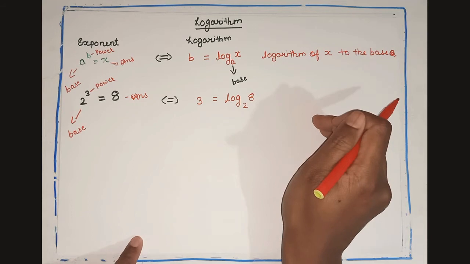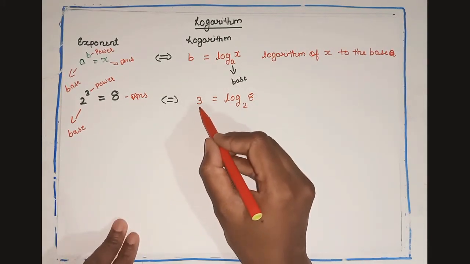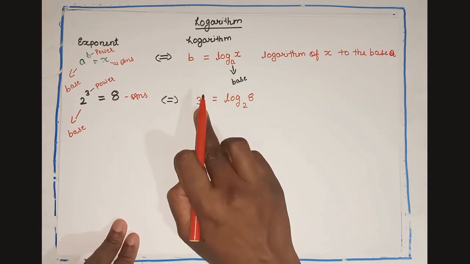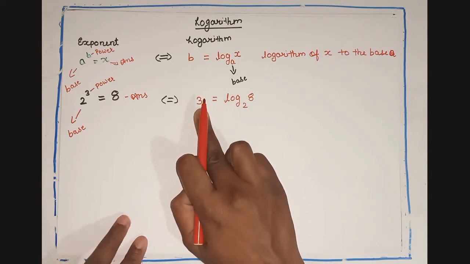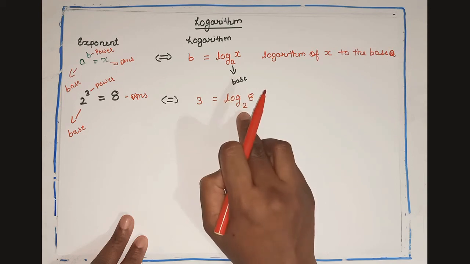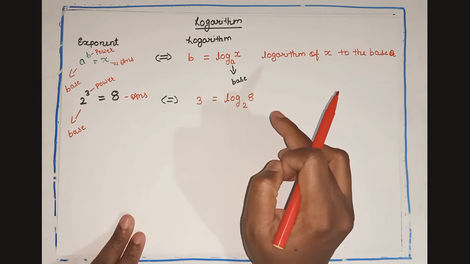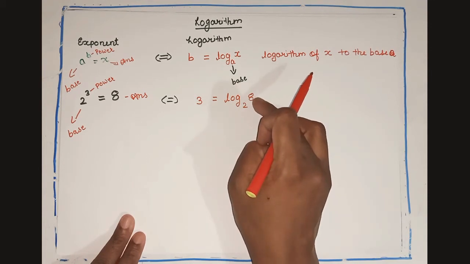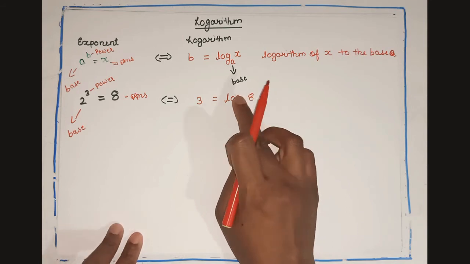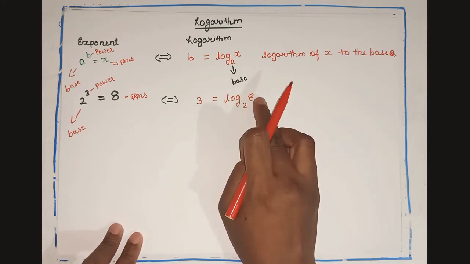So here the power is becoming the answer, whereas the base remains the base only. And this 8 is your answer, which comes along with the log. I hope you all understood it.